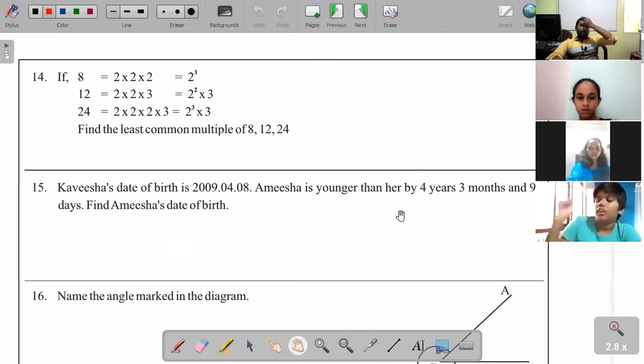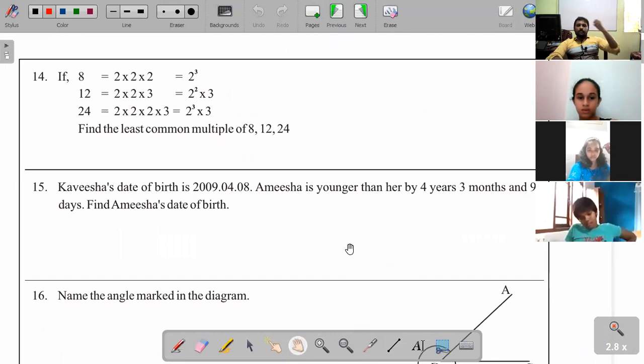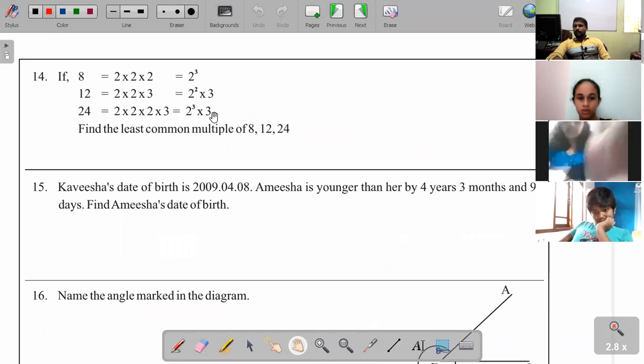Okay, that's number 14. Look at. 8 equals 2 multiply 2 multiply 2, that means 2 to the power 3. 12 equals 2 to the power 2 multiply 3. 24 equals 2 to the power 3 multiply 3.